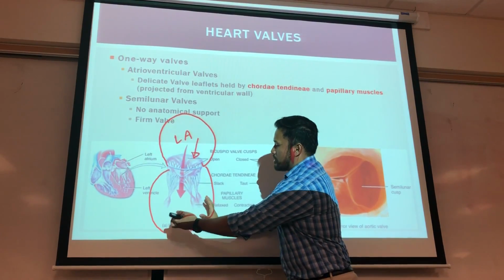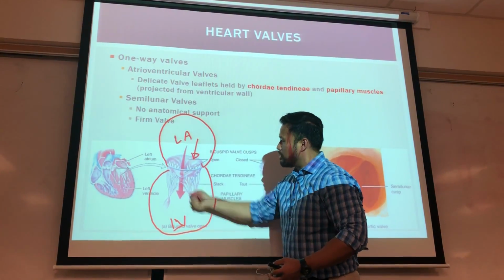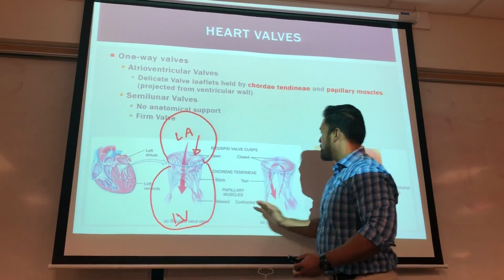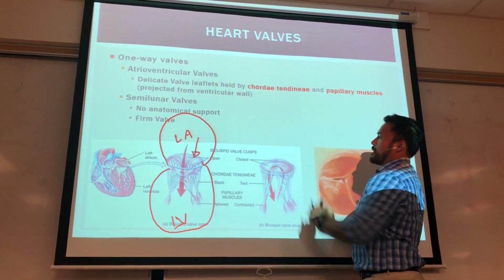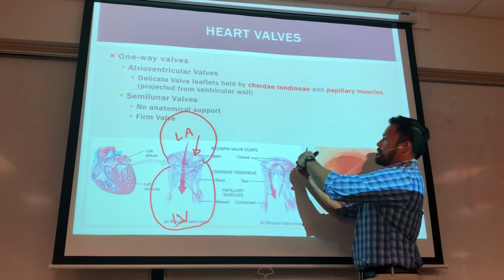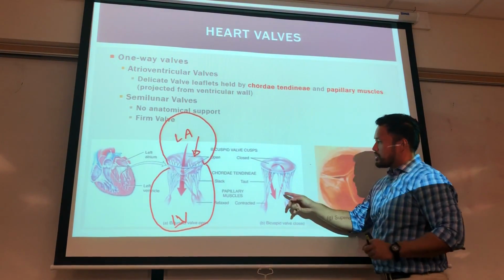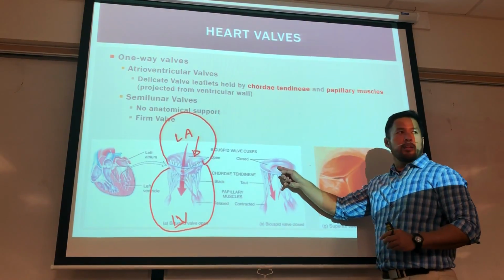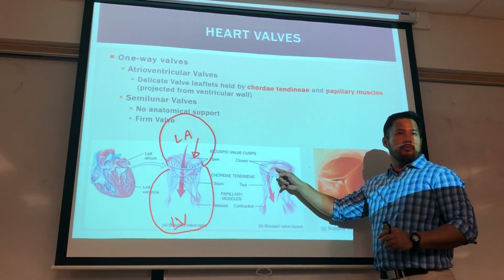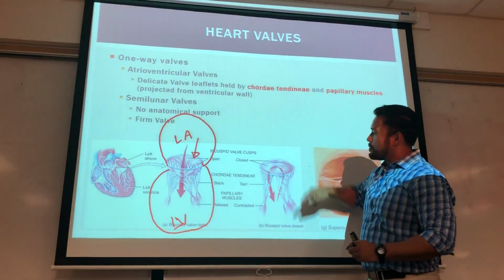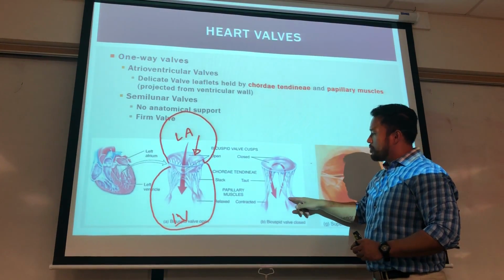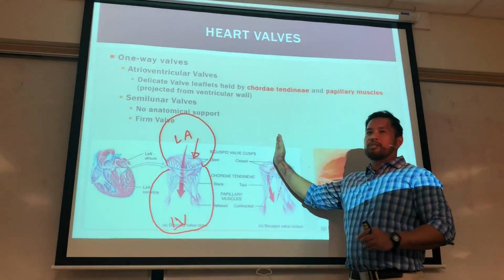As this pressure starts to increase, what that's going to do is close this portion up. And blood is going to push up against the cusps and cause them to flap right back up. And the reason it's not going to flap right back open is because the chordae tendineae are literally holding those valves shut. So here, in our AV valves, typically you'll never see blood flowing in the reverse direction.